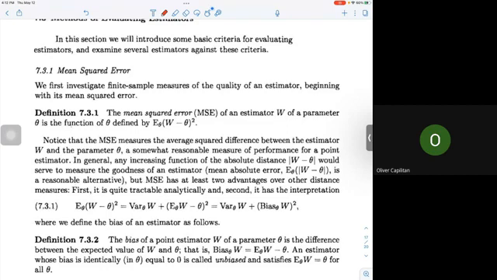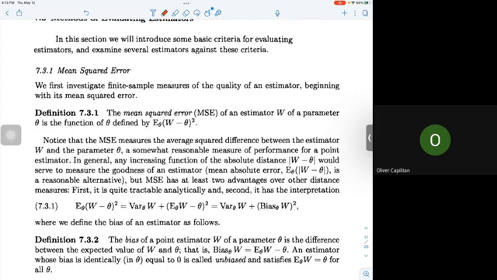So the mean squared error, we have MSE of an estimator of a parameter theta is a function of theta defined by, okay, it's a function of theta, which is the expectation of the square difference of the estimator and the parameter theta, indexed by our parameter theta because it's a function of theta.